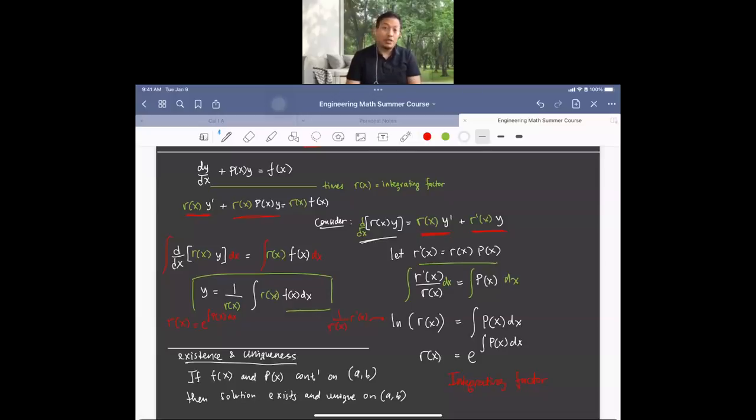It's actually some element that we need to multiply. And then when we construct the equations, integrate, differentiate, it can be proven that it can be our solution. So the first step is identify the p(x) and find the integrating factor, multiply all with the integrating factor, and then you can solve through the integration. I will give you some examples on how to use this method.